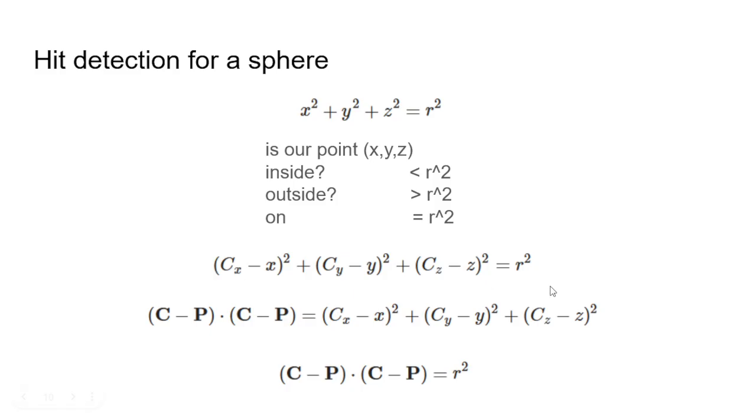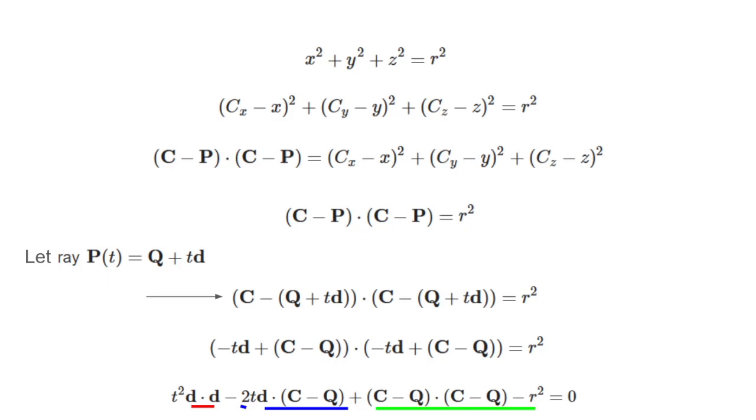It's just the definition of the dot product. So now we have that. And this is starting to look more like a quadratic formula, which is nice, because instead of having just p, which is kind of vague, we can replace this p with what a ray is, because a ray and a point are kind of interchangeable.